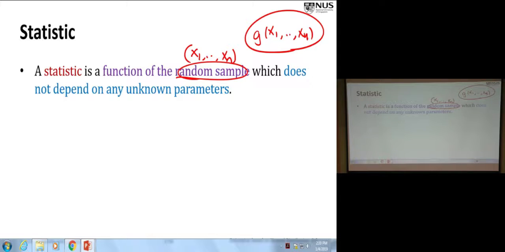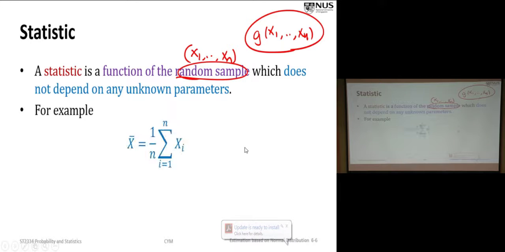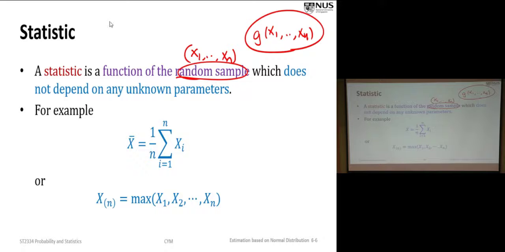But in the statistics context, a statistic is a function of the random variables. An example is x bar, the average of x1 up to xn. What is a function? The idea is that I take any x1 up to xn, and through this function I map it to one point.